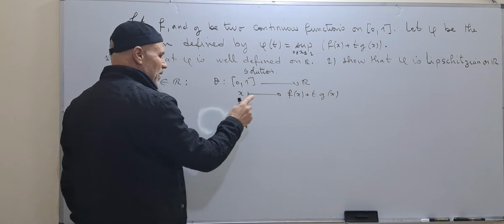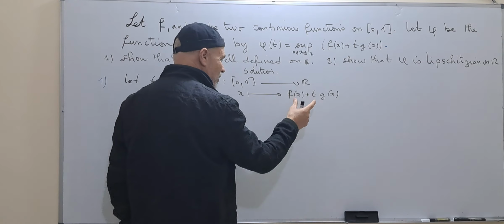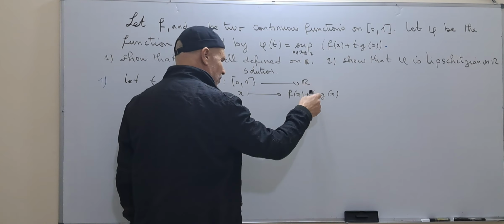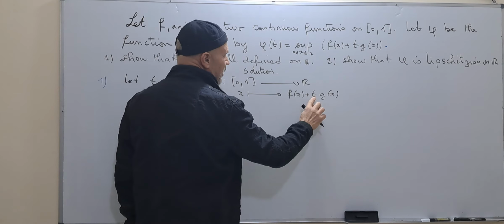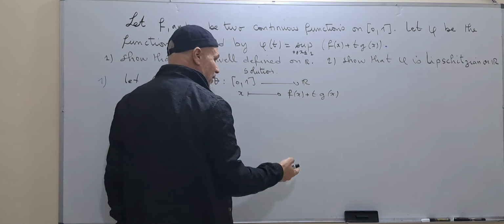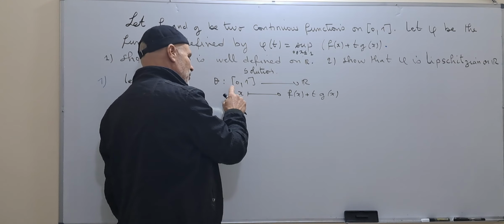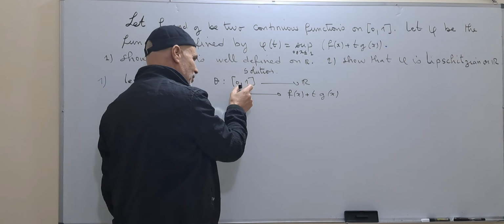Theta is a continuous function as a combination of two continuous functions, and here we have a scalar product. t is a real number, so this function is continuous on a bounded and closed interval.